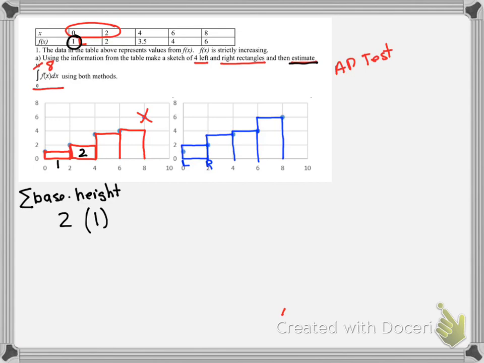For the second area, we would add another base of 2, but this time the height is 2, plus 3.5 is our next height, and our base is 2. And for the last one, our height is 4, and all of these had a base of 2.